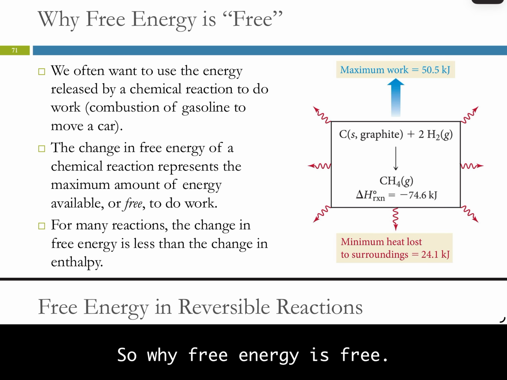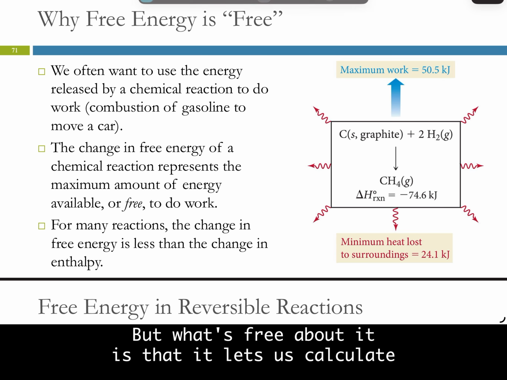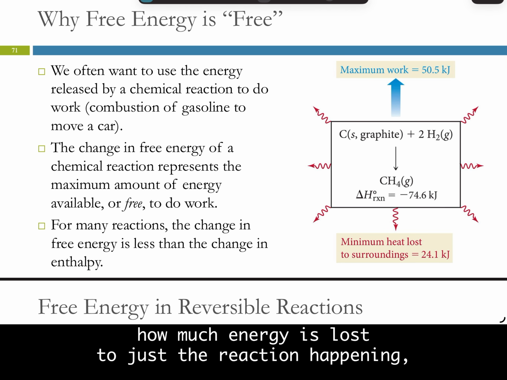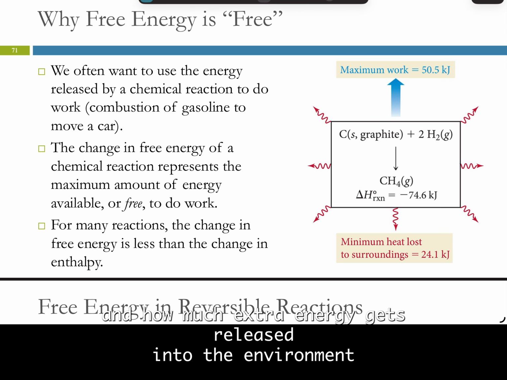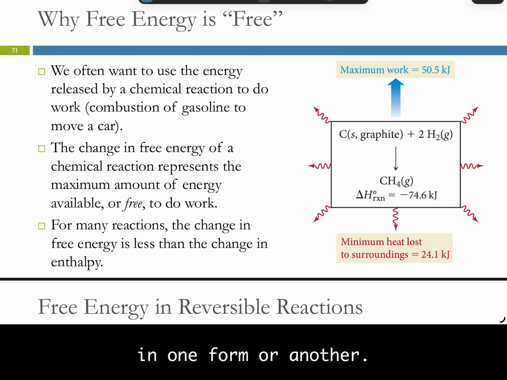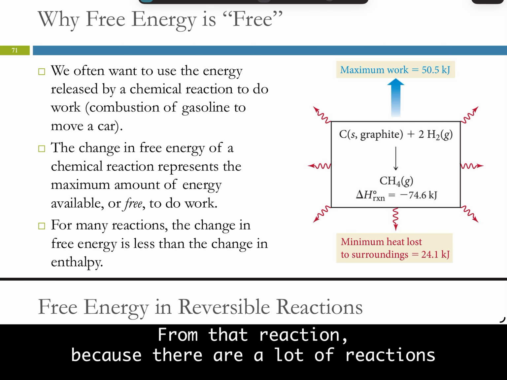So why free energy is free? Nothing's really free, but what's free about it is that it lets us calculate how much energy is lost to just the reaction happening and how much extra energy gets released into the environment in one form or another from that reaction.